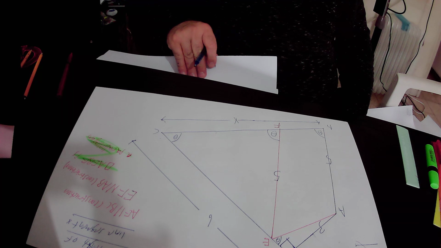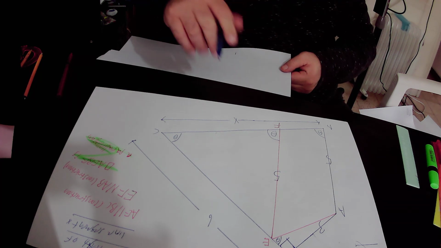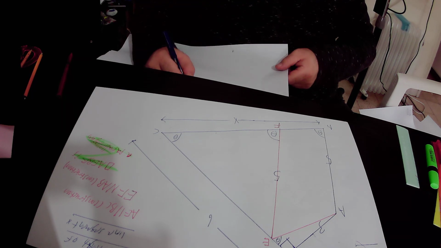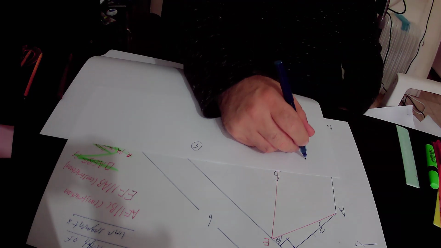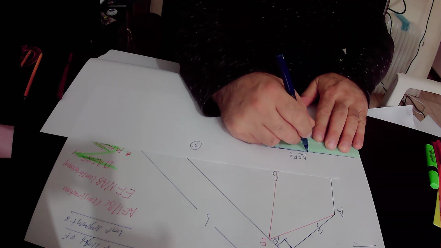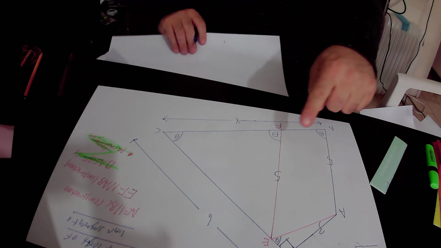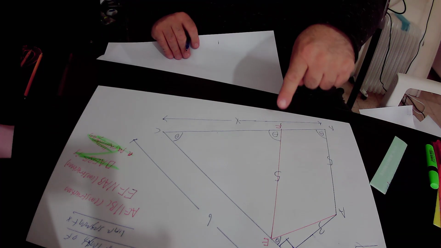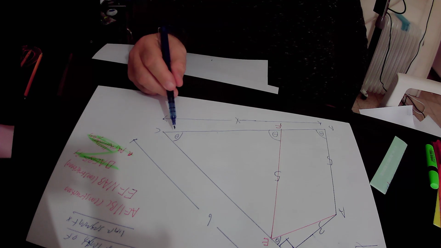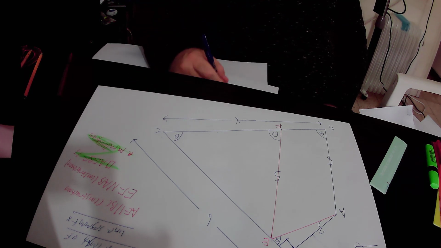So I repeat again that in triangle EFC, this angle EFC is equal to this angle that is actually angle ECF, and both angles are equal to theta.